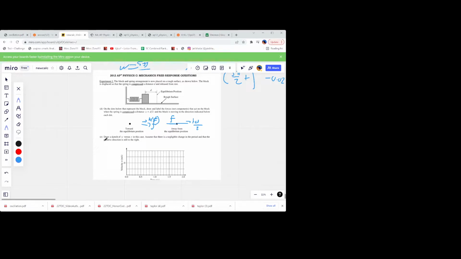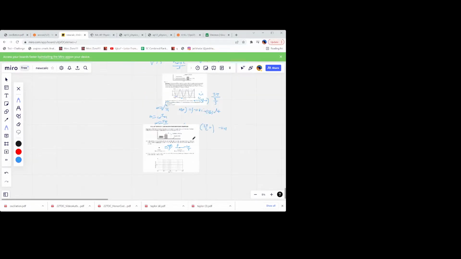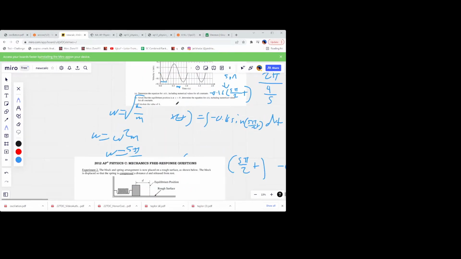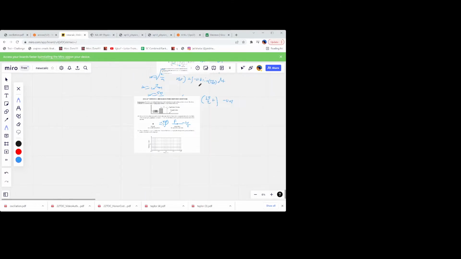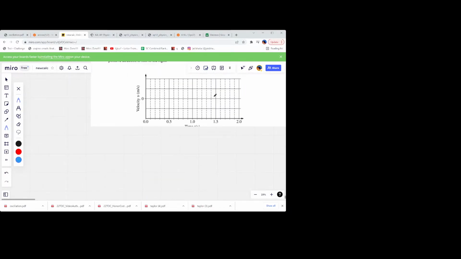Okay, we can assume a negligible change in the period. What was the period? The period was 5 pi over 2. No, it wasn't 5 pi over 2. It was 0.7.